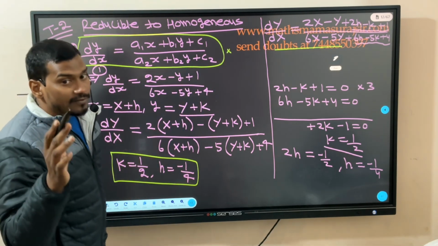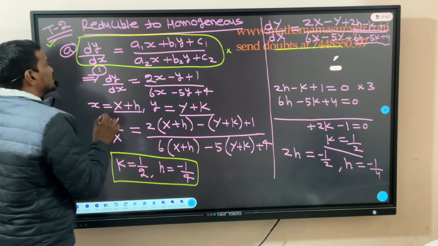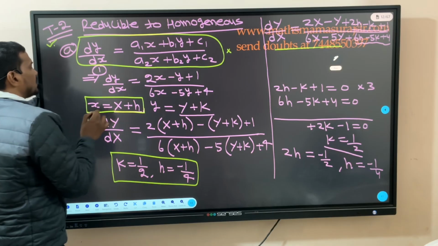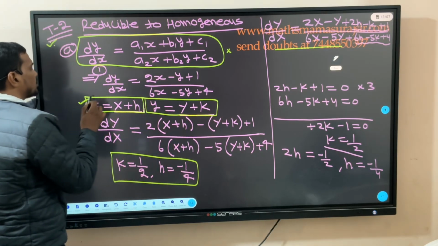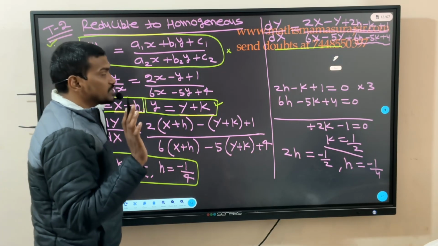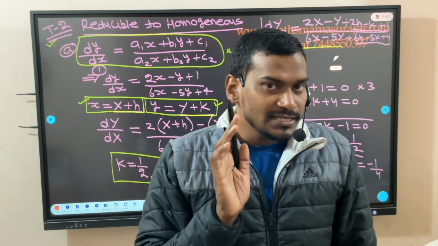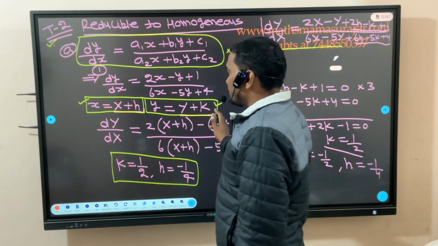But we want to convert it to homogeneous. What to do? We apply some substitution. x equal to capital X plus h, y equal to capital Y plus k. Understood?